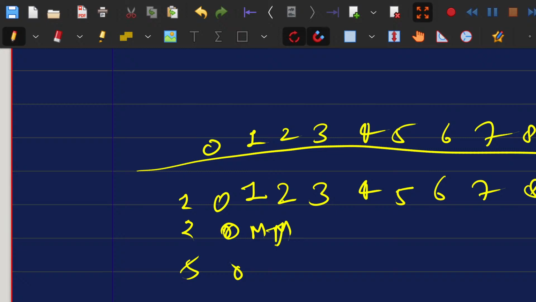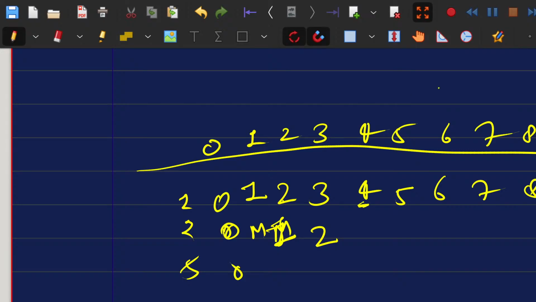Maximum comma 1, this is 1 here, right? Okay, so minus 3, this is 2 here.